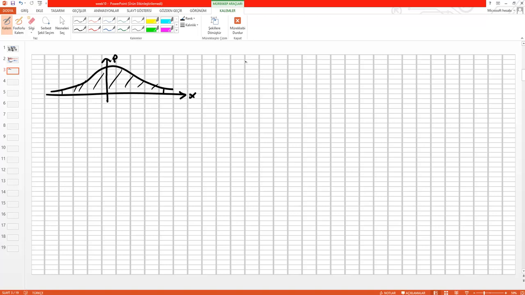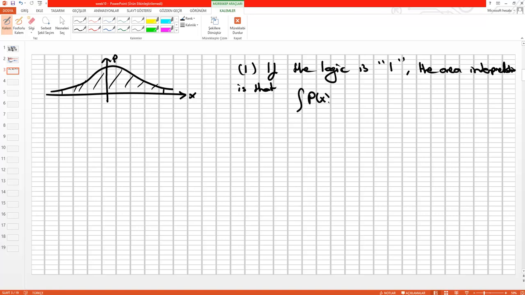Firstly, if we have a decision or the logic state about the 1 and 0, we should contain that. If the logic is 1 and the area interpretation satisfies that the integral of p(x) dx is equal to 1.